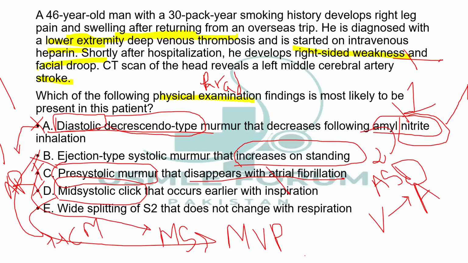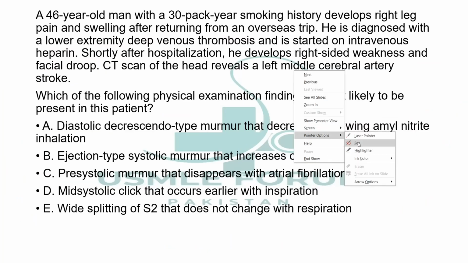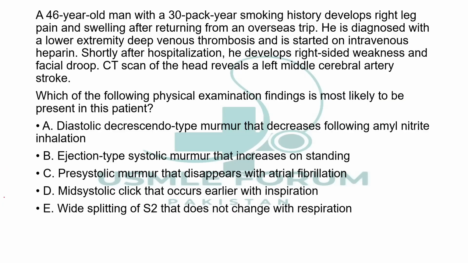Mitral valve prolapse is also present in acute rheumatic fever. You need to remember that, because we remember mitral stenosis for that, but it can present in acute rheumatic fever. Mitral regurgitation is presented more, but it can present as well.